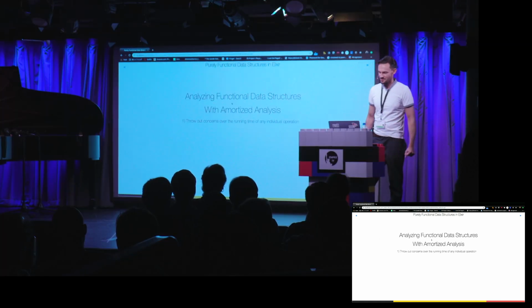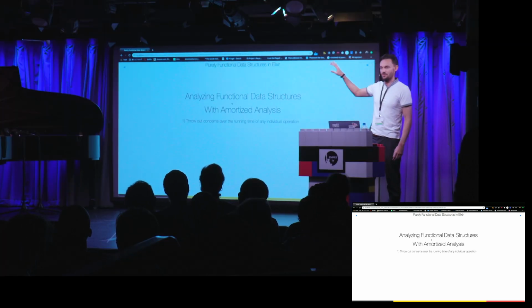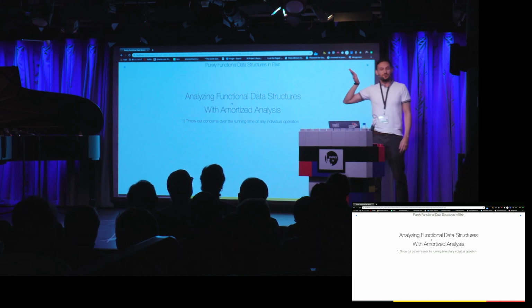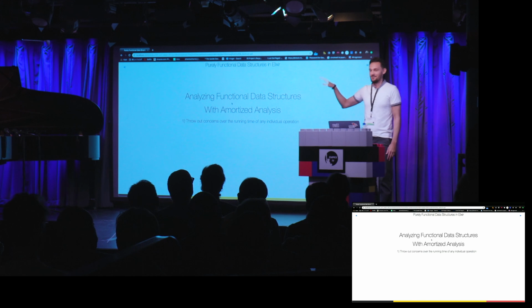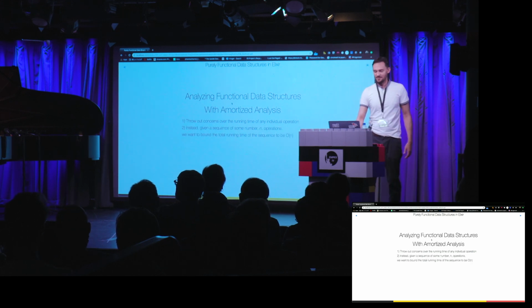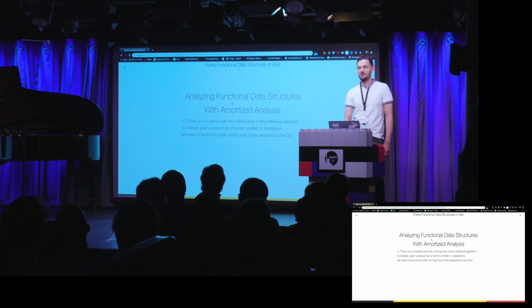So when you're thinking about designing data structures in Elixir or in any language really, this is all kind of valid to you. What this does over worst case analysis is you don't have to worry about analyzing individual running times for any operation. But instead, like I mentioned before, you're thinking about a sequence of operations.